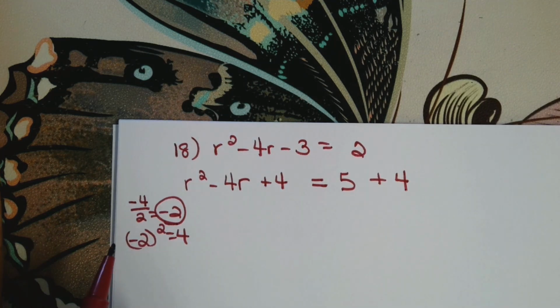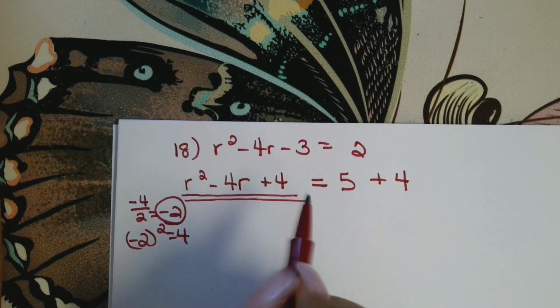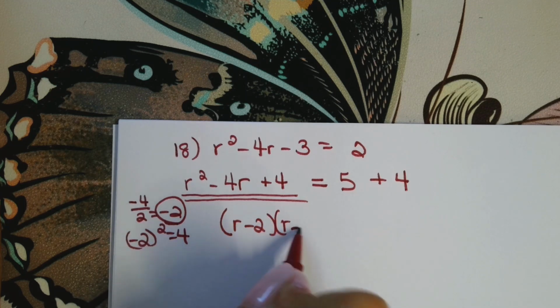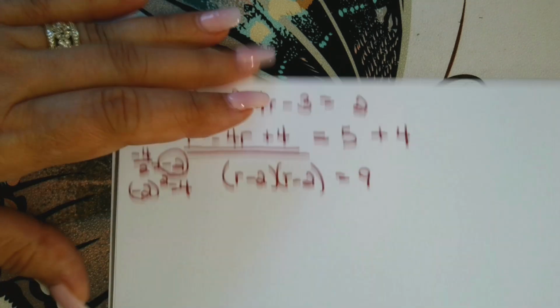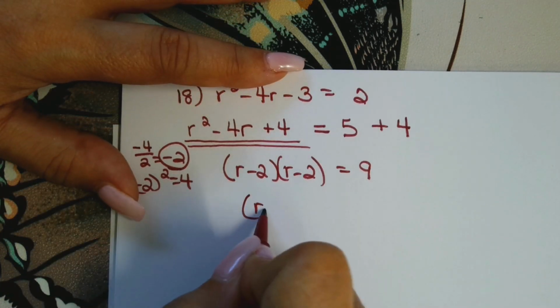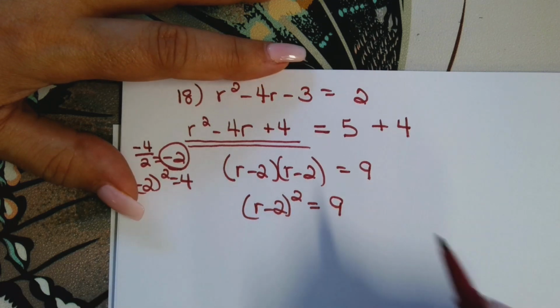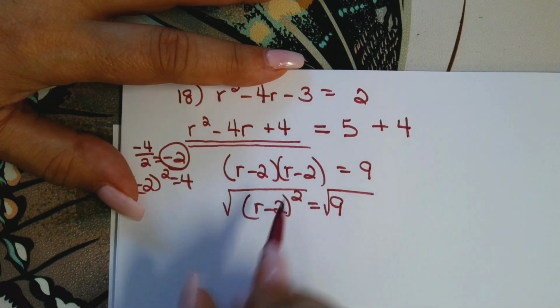to both sides. This is a perfect square trinomial. So this will be r minus 2 times r minus 2. And this is 9. And this is r minus 2 squared equals 9. We're going to take the square root of both sides.